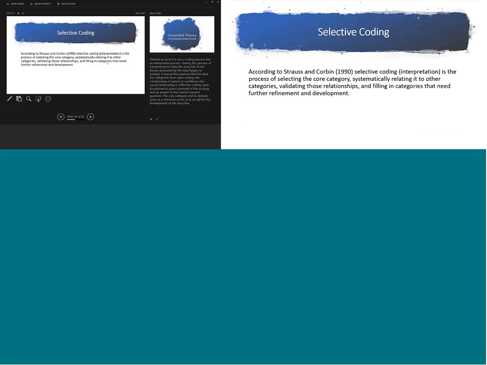The last thing I wanted to identify is this notion of selective coding. Strauss and Corbin call it the process of selecting the core category. This is a place where I felt you have to make some serious mental leaps to go from open and axial coding into selective coding, if you don't understand a process or use some matrices to start understanding what your data is trying to tell you.